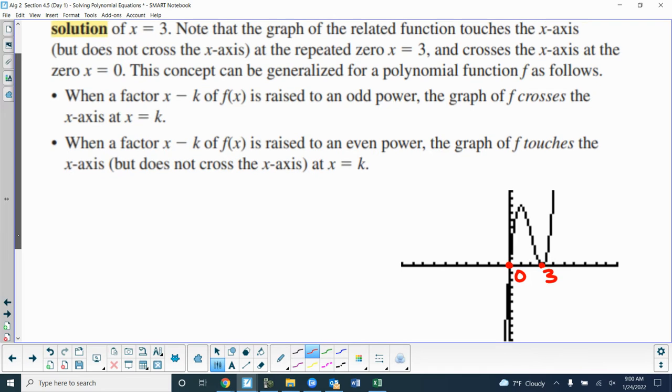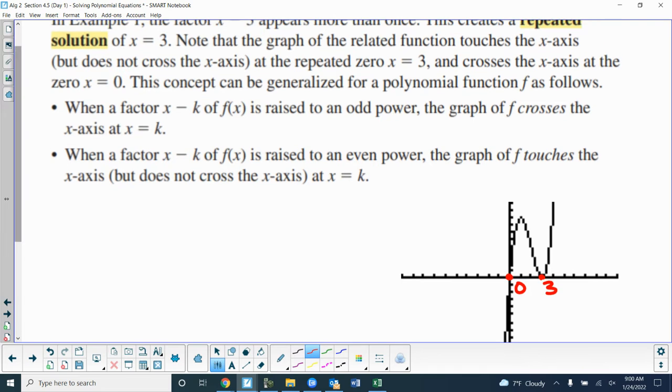So it says the repeated zero, x equals 3, the graph touches the x-axis but does not cross the x-axis. I call that bounces off the x-axis. If it bounces off, it's raised to an even power.